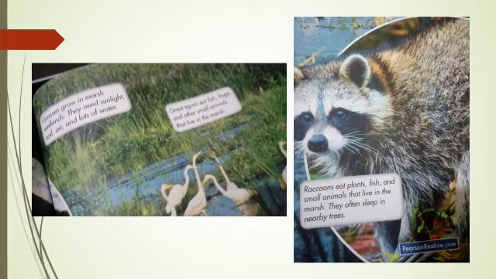Look at the pictures at page 207. Describe the pictures. I can see grasses, water, egrets, raccoons. Very good. Read the caption about grasses. Grasses grow in marsh wetlands. They need sunlight, soil, air, and lots of water.